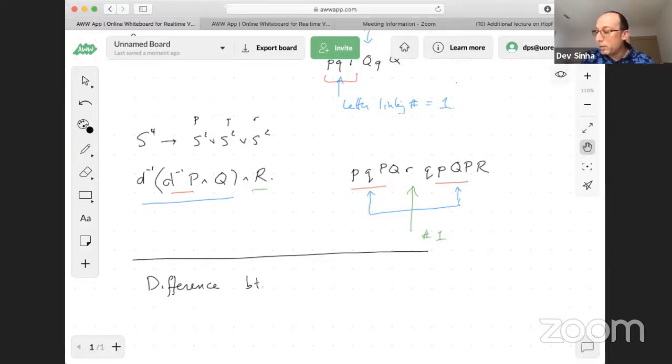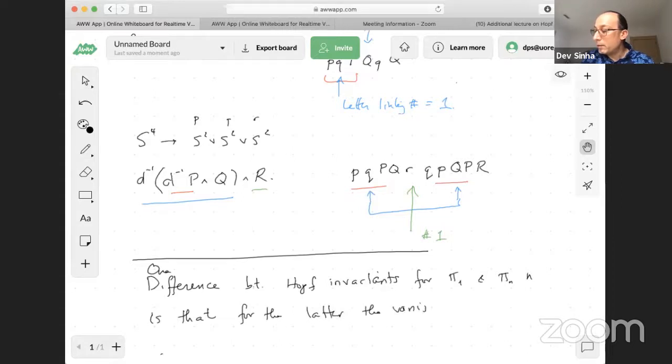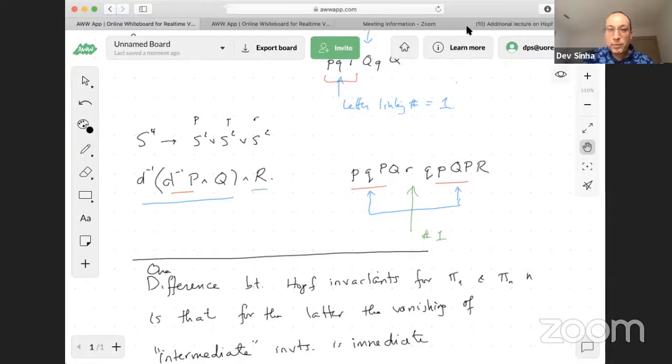The big difference between Hopf, or rather letter linking, invariants for pi 1, and those for pi n, where n is greater than 1, is that for the latter, the vanishing of what we might call intermediate Hopf invariants is immediate for dimensional reasons, algebraically, because some homology class in the bar complex is known to be trivial.